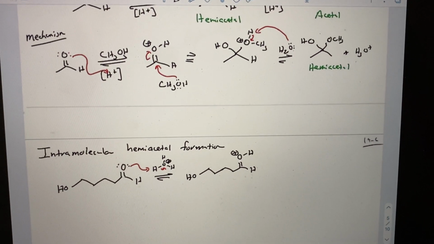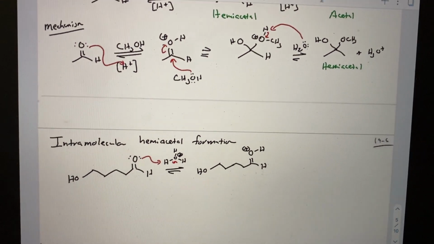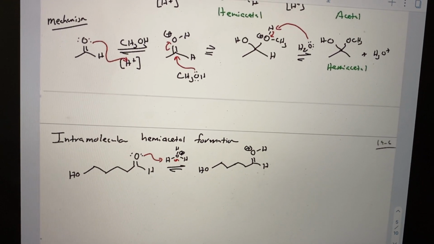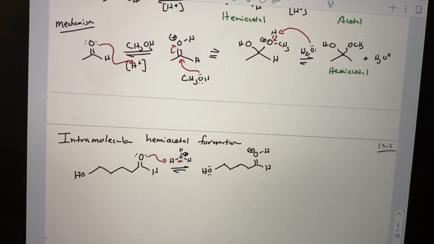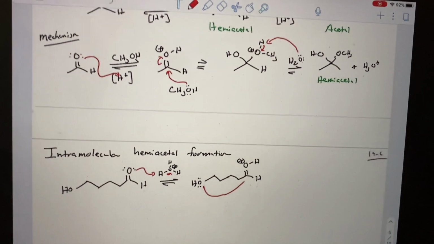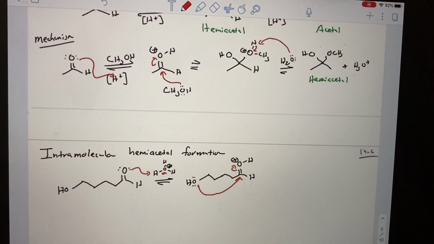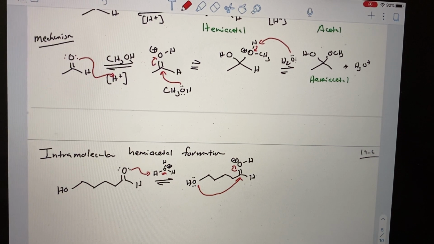Now, we have to think about what sorts of nucleophiles we have around. Well, actually, we have one within this same compound, or intramolecular. We have this hydroxyl group here, which could actually act as a nucleophile, and it could attack intramolecularly within the compound to attack the carbon of the carbonyl group.